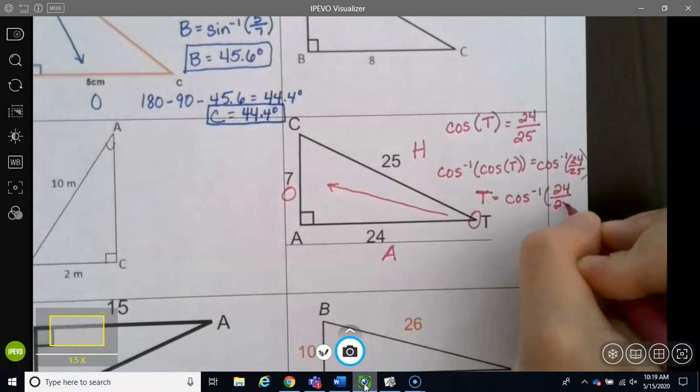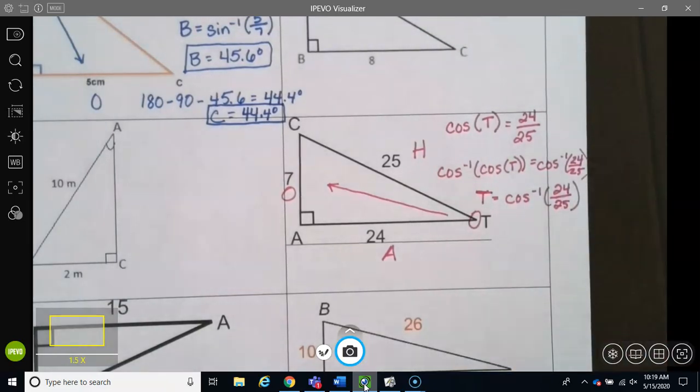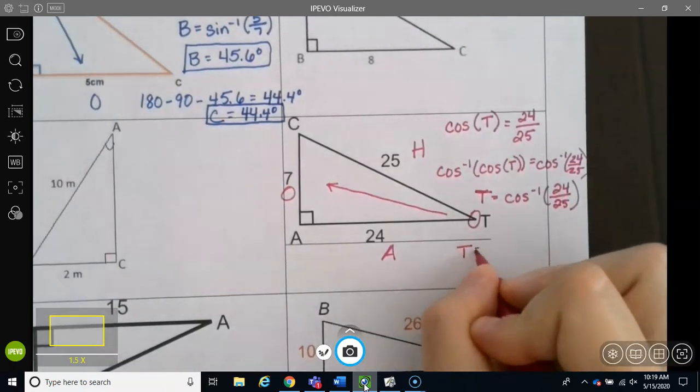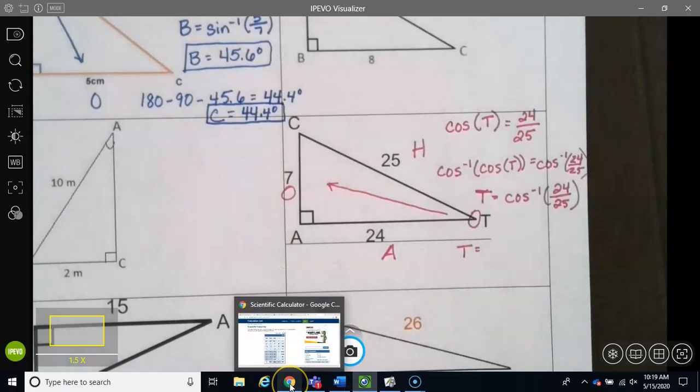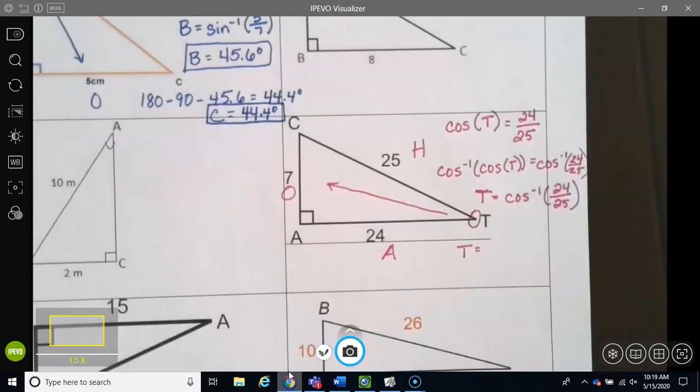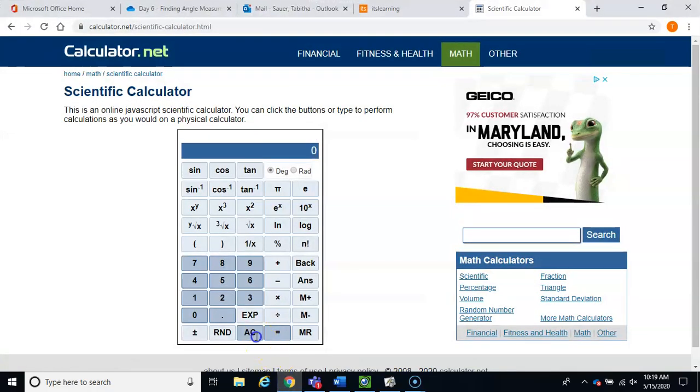And that's what we're going to have to type into our calculator. So going back to my online calculator, cosine inverse of 24 over 25. Oops, sorry. So clear that out. This time we're doing cosine inverse. 24 divided by 25, and we get 16.26.